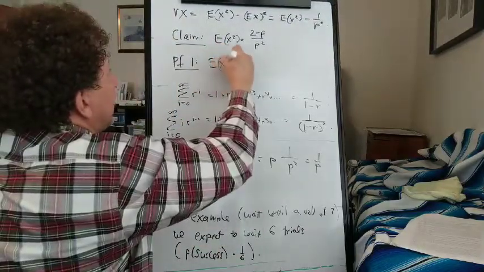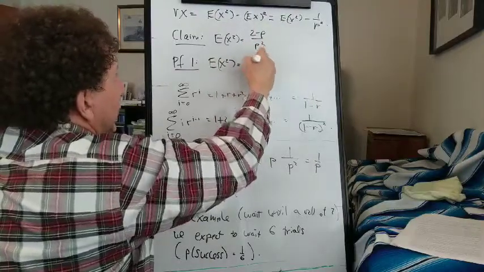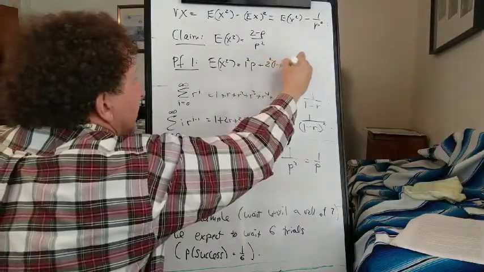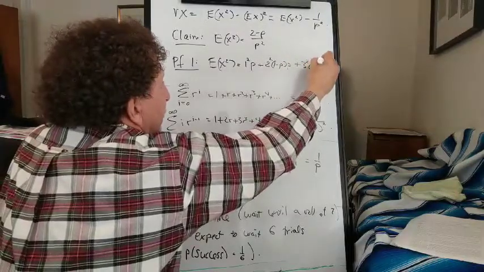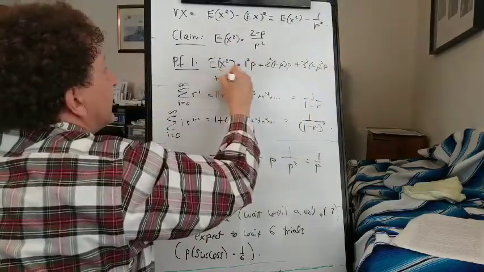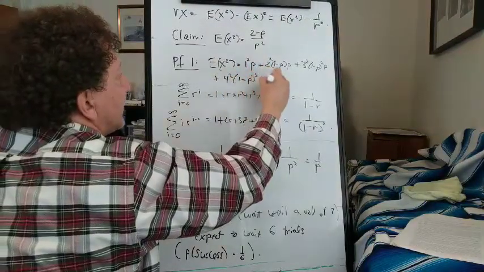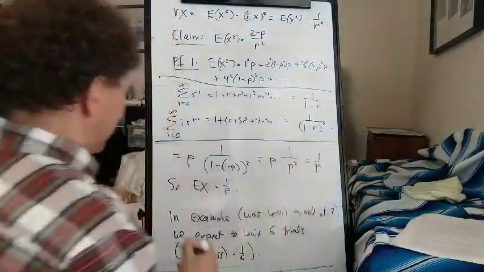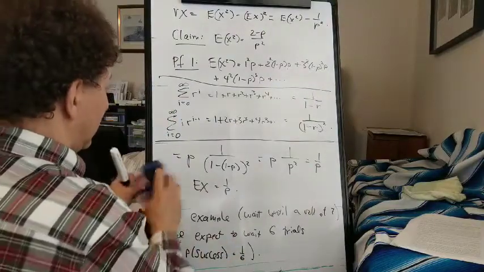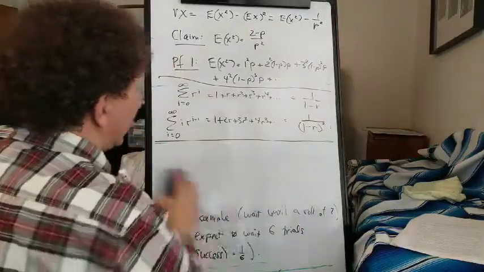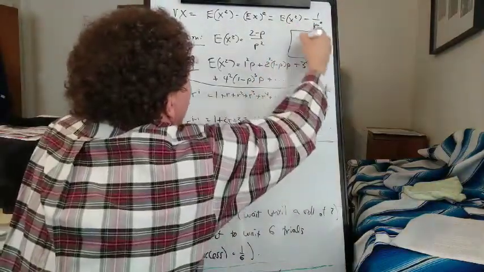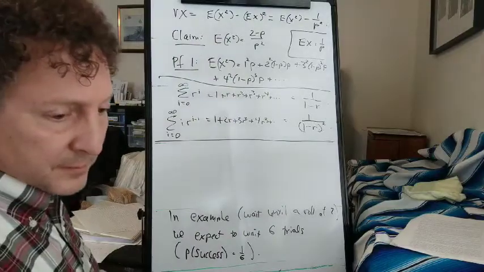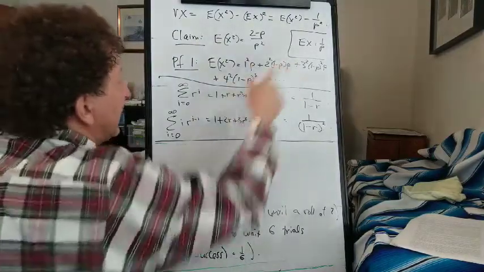The expected value of x squared by definition is 1 squared times p plus 2 squared failure success plus 3 squared 2 failures and a success plus 4 squared 3 failures and a success, etc. So we've got a p in every single term here.